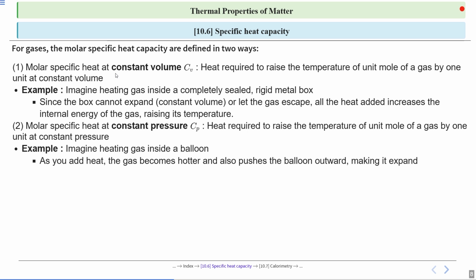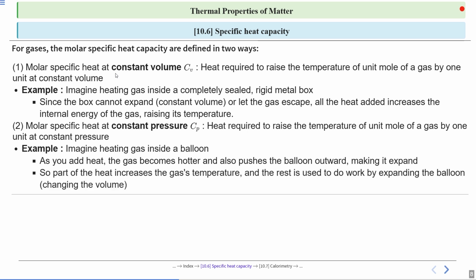So due to this pushing, the size of the balloon will expand. So part of the heat increases the gas temperature, and the rest is used to do work by expanding the balloon. Okay, so here the volume of the balloon changes. All right, so here pressure is constant but volume changes.